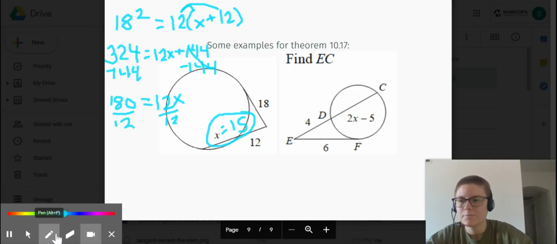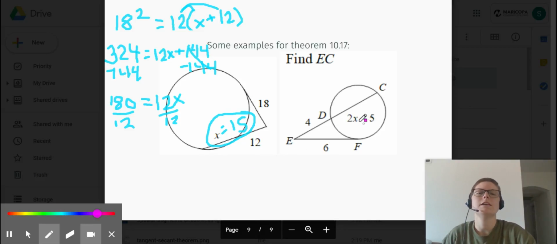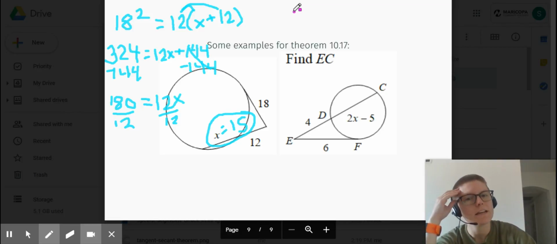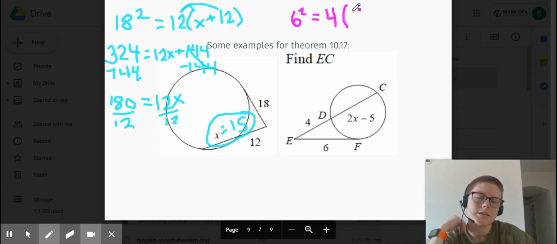Presto, donezo. All right, we got one last example. Once again, got a more complicated one, it's got an expression instead of just an x, but we can still handle it. Start by setting it up with 6 squared equals 4 times, this is going to be 4 plus, it's got to be the whole secant, 2x minus 5.